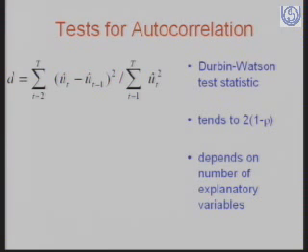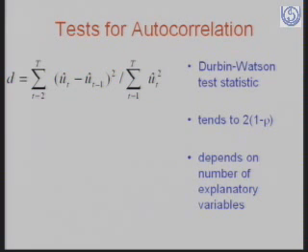There is a particular test statistic called the Durbin-Watson test statistic. On this basis, we can test whether the particular data set has the problem of autocorrelation or not.